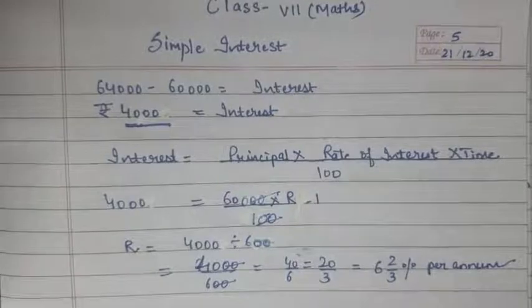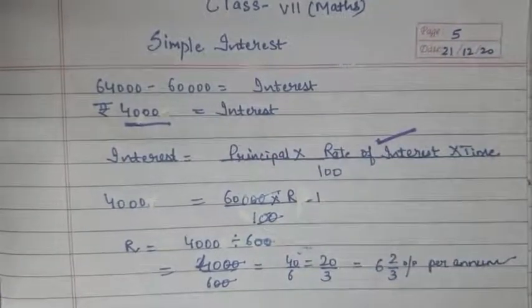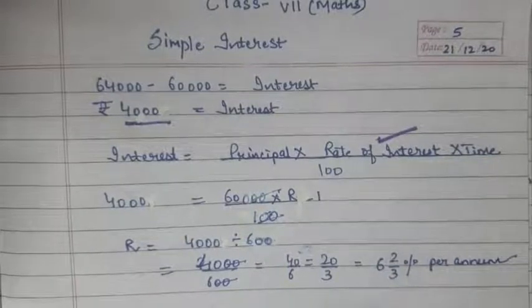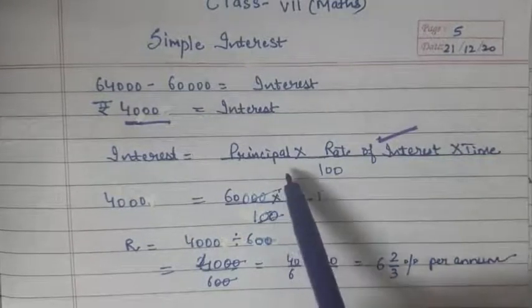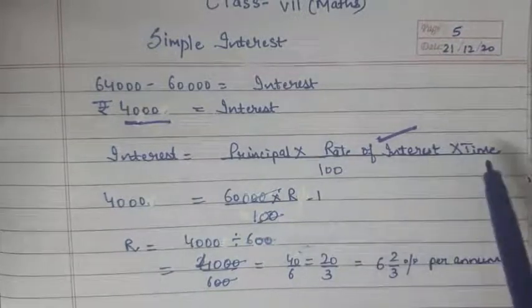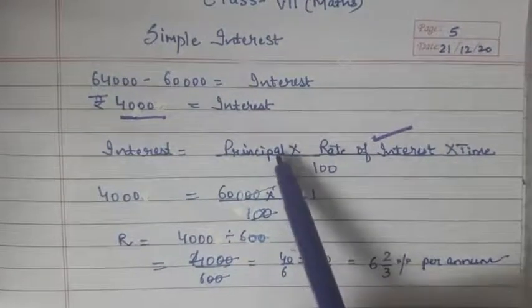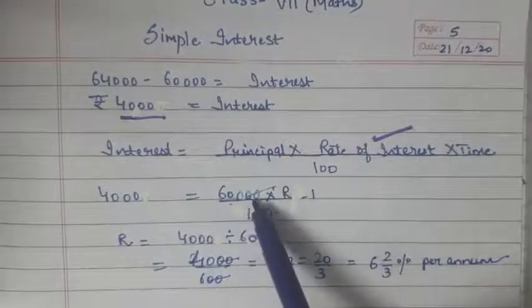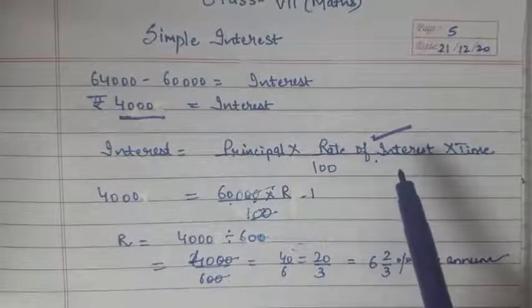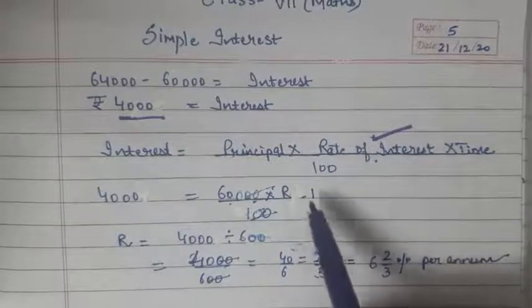Now we have to find rate of interest. So let us apply the formula for interest. Interest is principal multiply rate of interest multiply time upon 100. Now principal is 60,000. Rate of interest we don't know. And time is 1 year.